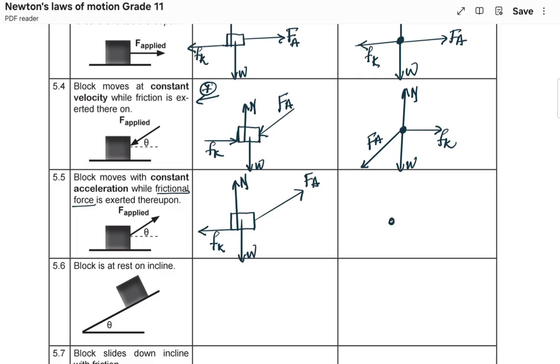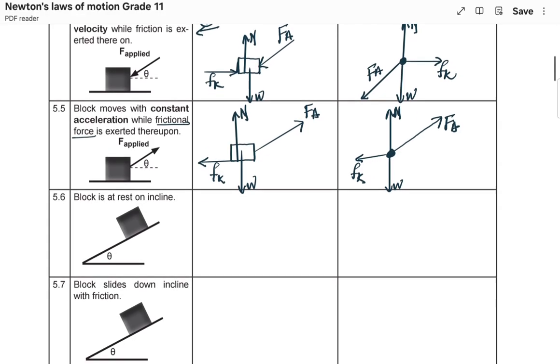Okay, this one I'll be having the force applied. Then I'll be having the normal force. I'll be having the weight, and then this one, it will be the kinetic frictional force.